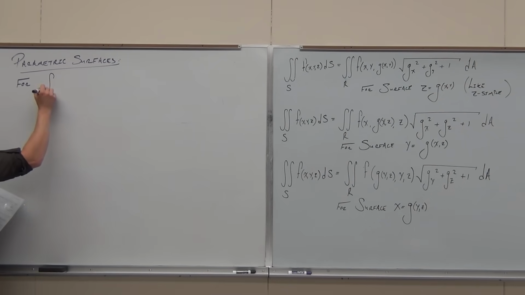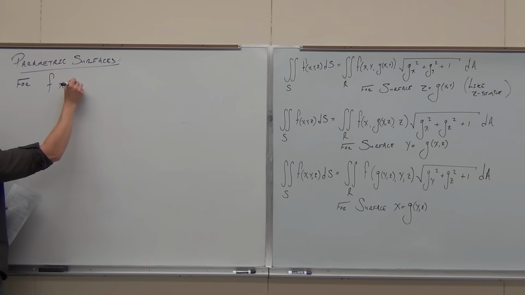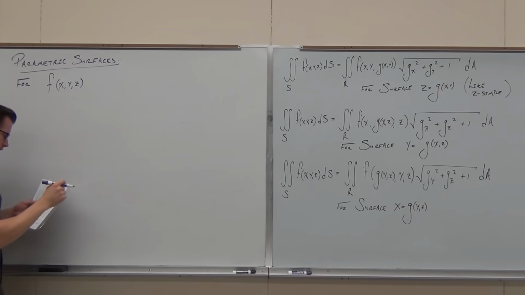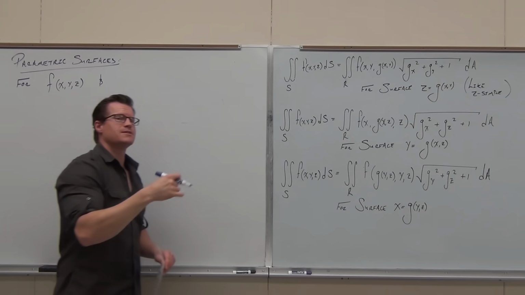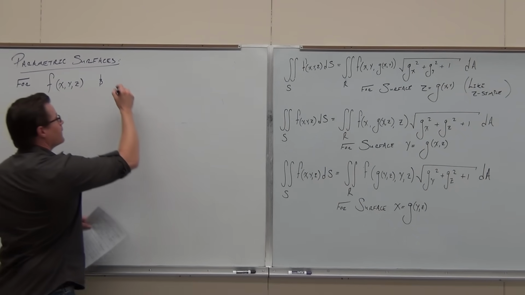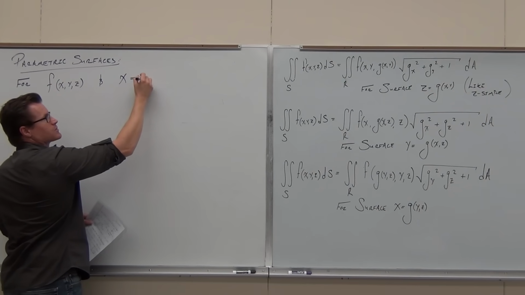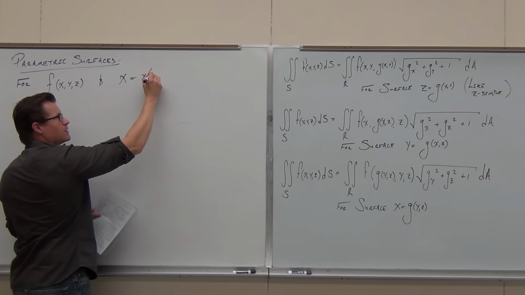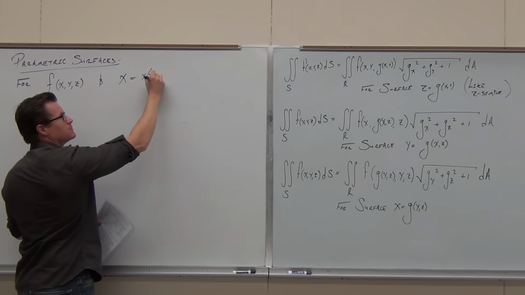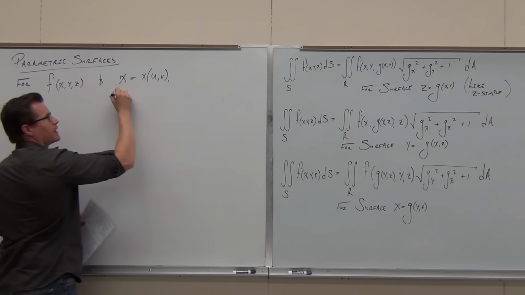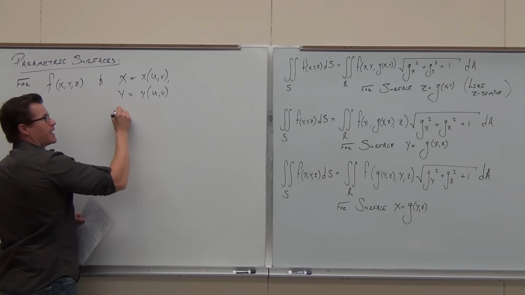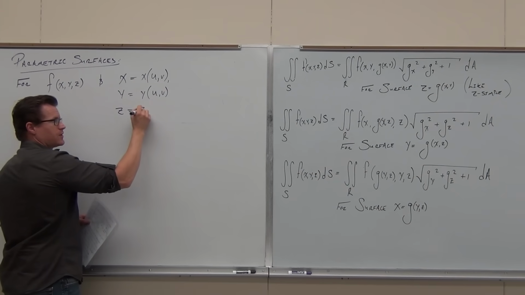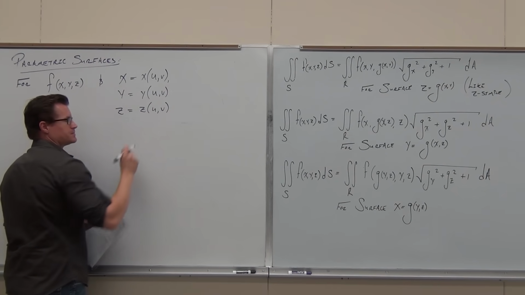So if you've got this function of x and y and z, and you can redefine x in terms of a function where x is defined in u's and v's, and y is a function defined in u's and v's, and z is a function in terms of u's and v's.